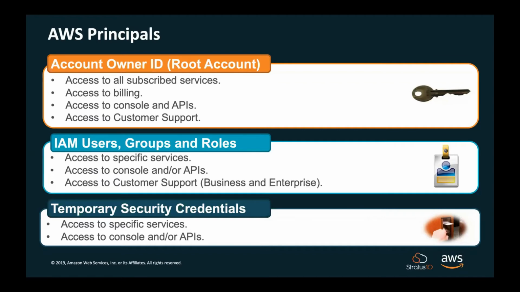The other type of principal is temporary security credentials. You can create temporary access to various services across the AWS platform, to say, here's a one-time usage to access this S3 bucket, or I will give you access temporarily for 15 minutes to interact with this DynamoDB table, or this IoT call, etc. Those can all be set up through APIs or the SDKs to programmatically grant temporary access.